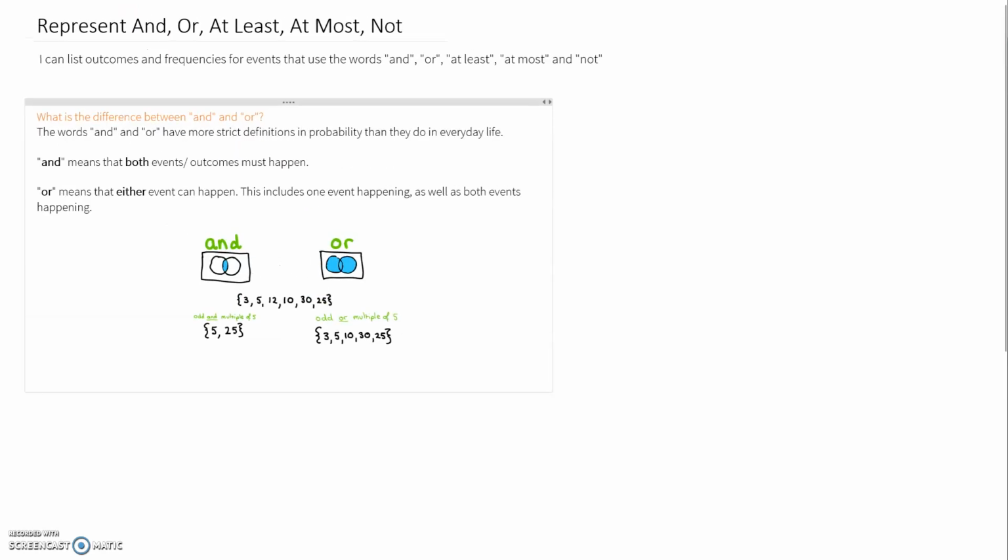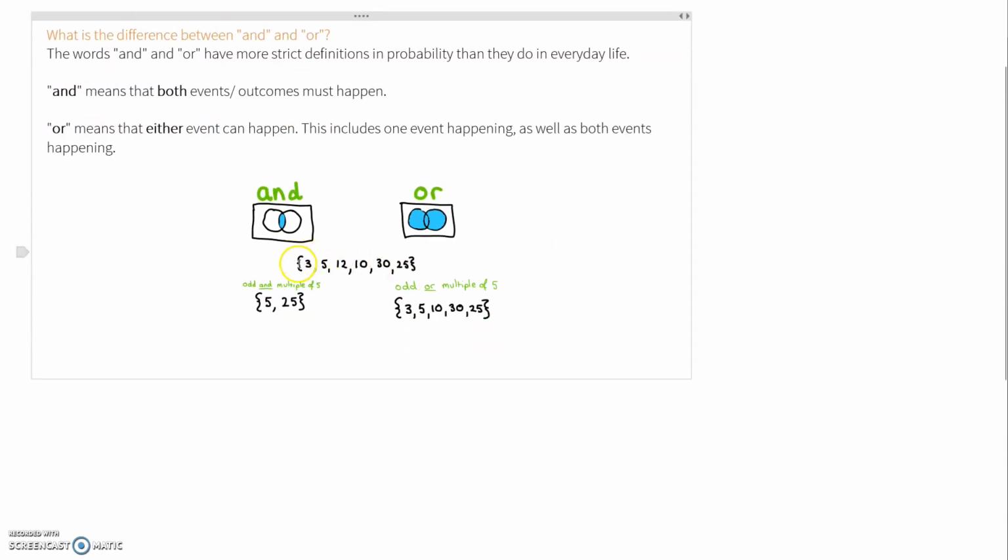And if we zoom in a little and we have a look at this set of numbers, we've got this list here. So if I said I wanted to pick out all of the odd numbers and multiples of 5, the only two numbers that are part of this event with and are 5 and 25 because they're the only numbers here that are odd and they are also a multiple of 5 at the same time.